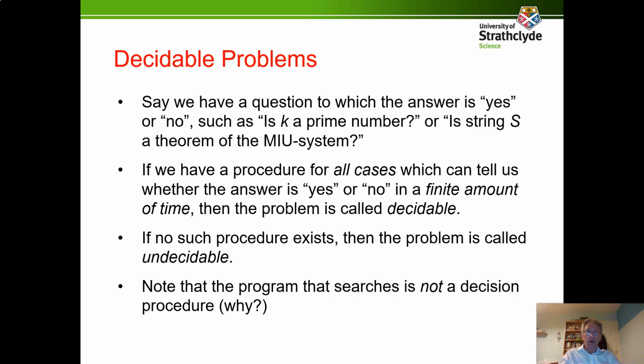Decidable problems are a big thing in computer science. So if, say, you've got a question and the answer to that question is yes or no, it might be, is k a prime number? So for some k that I give you. So I say to you, is 91 a prime number?